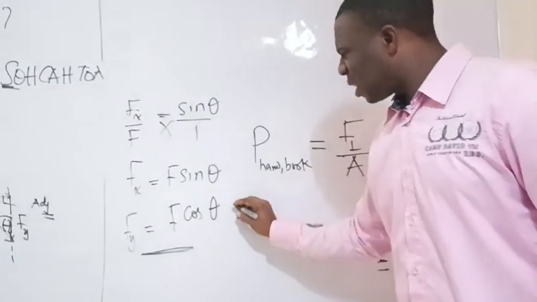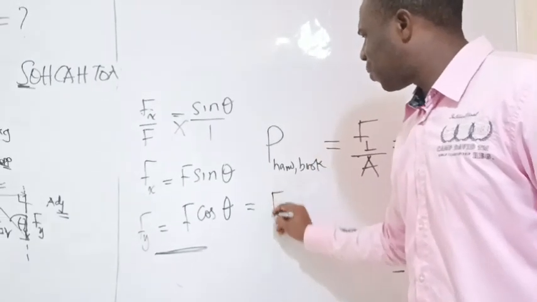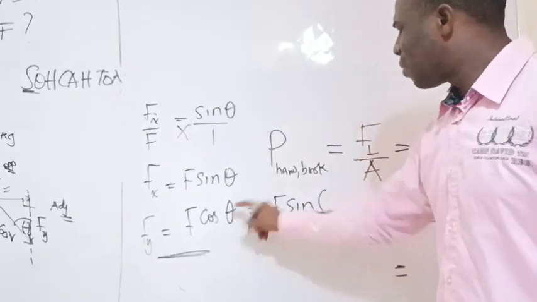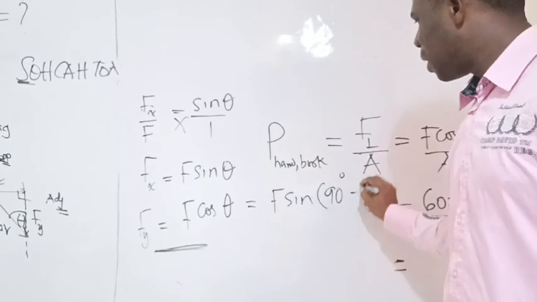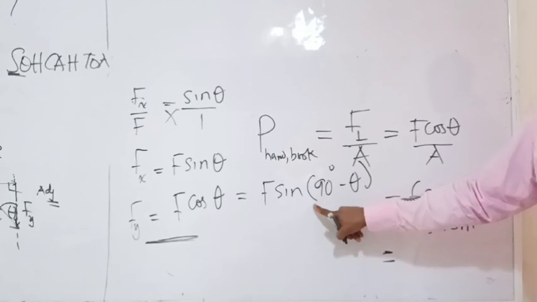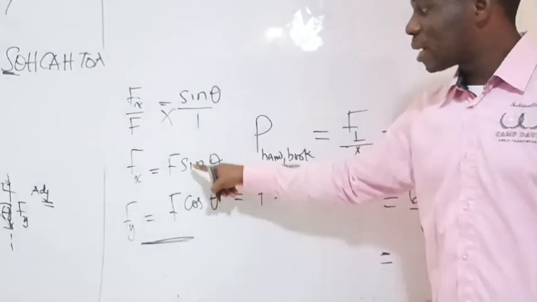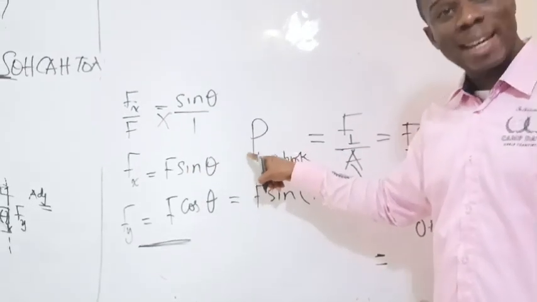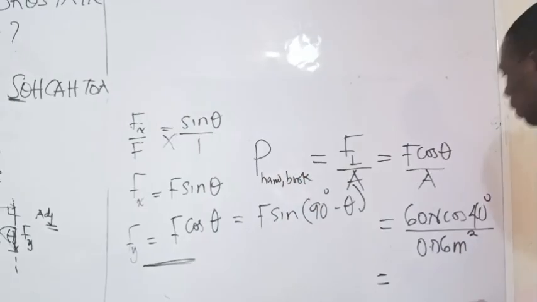This is also the same as F times the sine of (90 degrees minus theta), or F times the cosine of (90 degrees minus theta). Any of these terms boils down to the perpendicular component of the force. So any which one is fine.